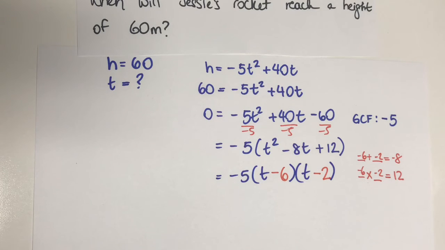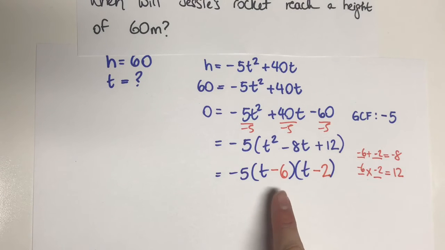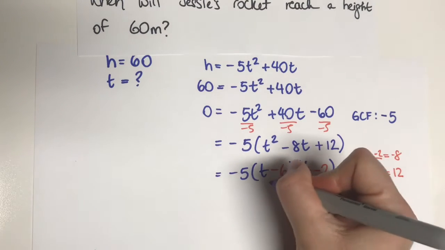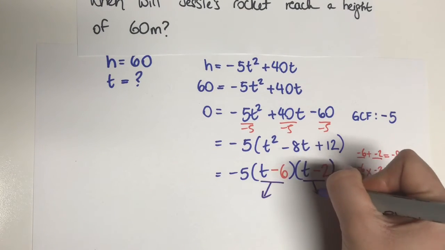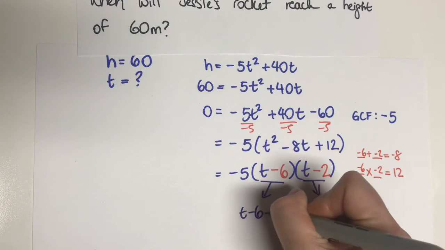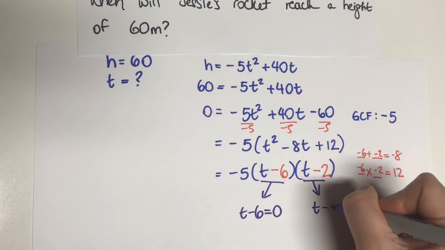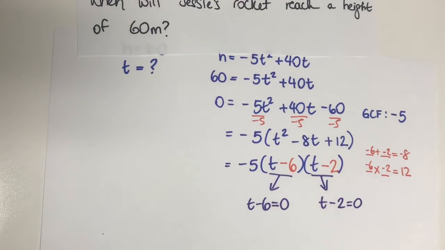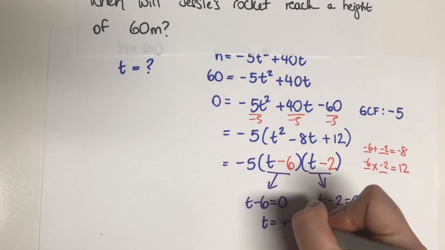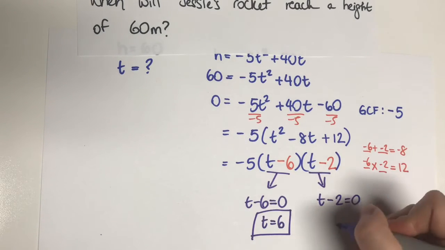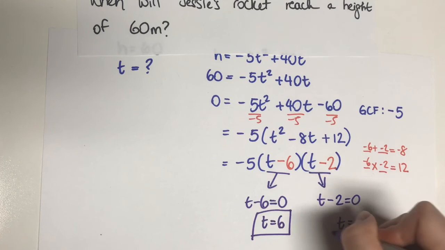Now, the question had asked me to find the values of t when h was 60. So I can solve for t here, and I can solve for t here. So that means that t is either 6 or t is equal to 2.